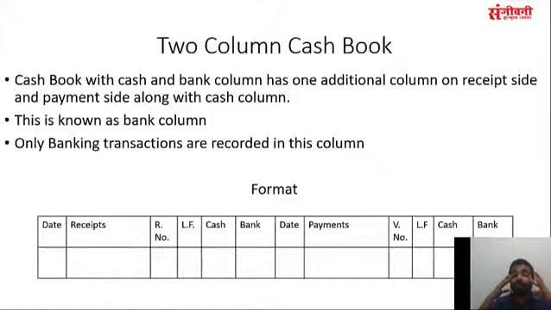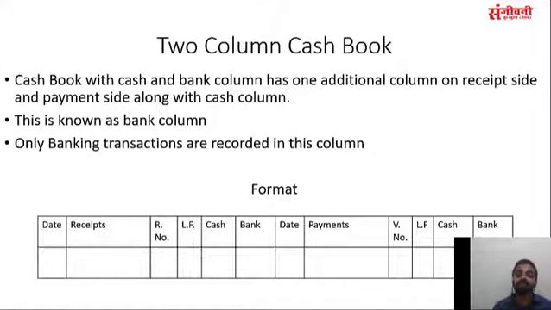If it is a big company, they merge these two books. So what is received in cash will come in the cash column, and what is received in the bank will come in the bank column. The format includes date, receipts, and from where it was received. For example, if we sell an asset, we will enter the name of the furniture account, the receipt number if it includes one, then the ledger folio, then cash. If the payment is received in cash, we enter it into the cash column.